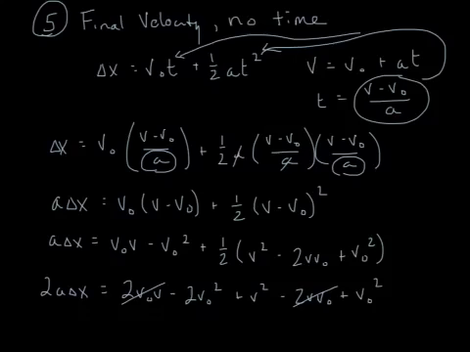And I have a negative 2 v naught squared and a positive 1 v naught squared, so I can get rid of this 2 and that v naught squared entirely. So what I've been left with there is that 2a delta x equals negative v naught squared plus v squared.